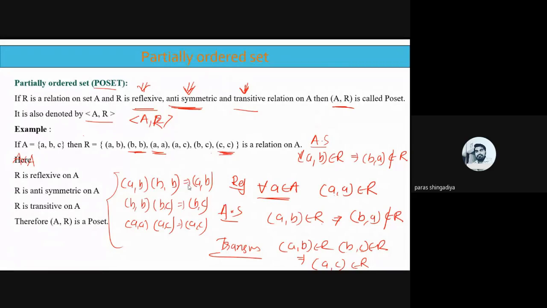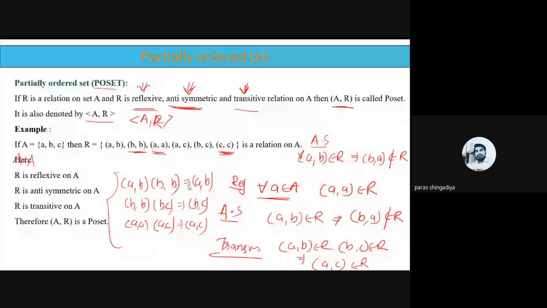Okay. So here we first identify the difference between an equivalence relation and a partially ordered set. In equivalence relations, we consider relations that satisfy reflexive, symmetric, and transitive. Here, in place of symmetric, we check the antisymmetric condition.